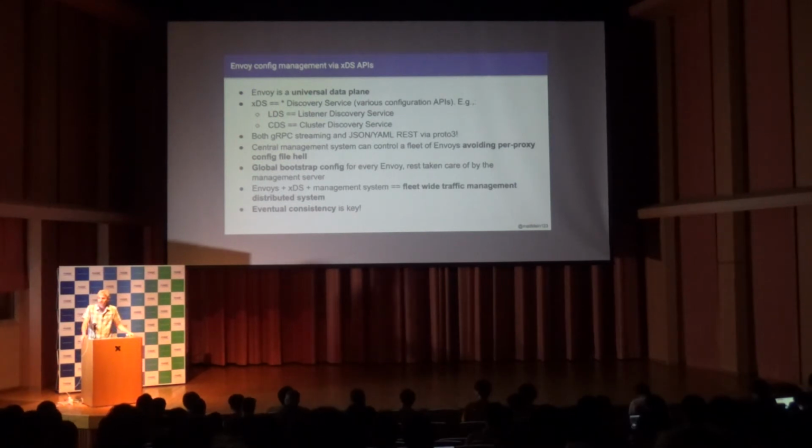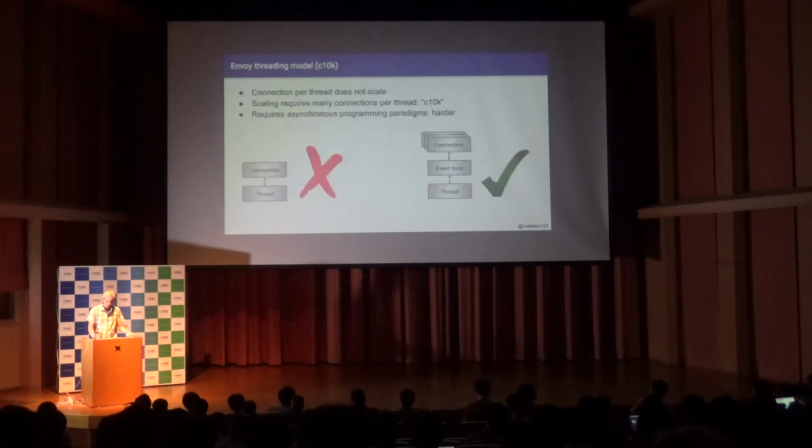But the reality is that that's not really possible. There are network partitions, there's auto scaling, so the whole system is inherently eventually consistent. So instead of trying to paper over that, instead of having the whole architecture attempt to be consistent, we just embrace the fact that it can't be. This actually makes a bunch of programming things easier, and it makes Envoy scale better, which we'll talk about more.